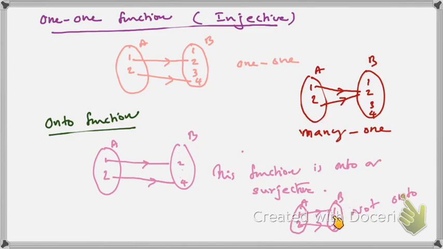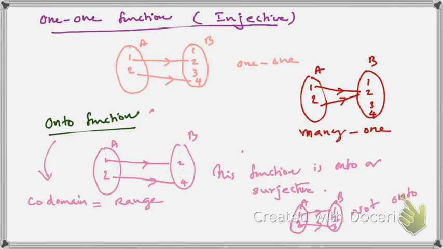This is not onto because there is a free element 2 here. Or I can say the codomain is 1, 2, 3, but the range is only 1 and 3. So if range and codomain are not the same, it is not an onto function, or it is not surjective.